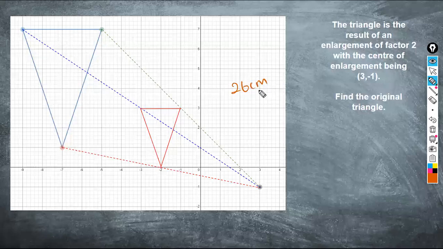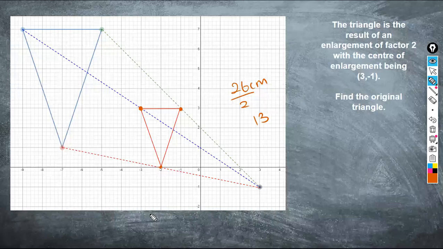I'm just saying if. You would divide it by 2 and get what? 13. So from here to here would be 13, and you put a dot. Then you measure the length of the blue line, and whatever length you get, you divide it by 2. And the same thing for the red line, divided by 2. And then you connect all of those points, and you get your answer.